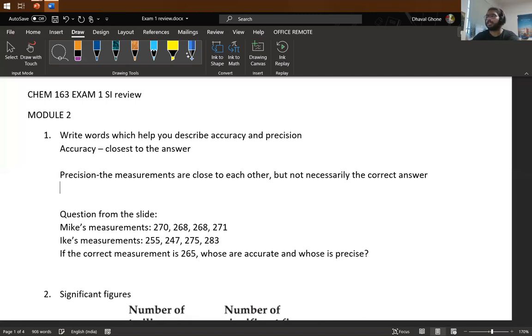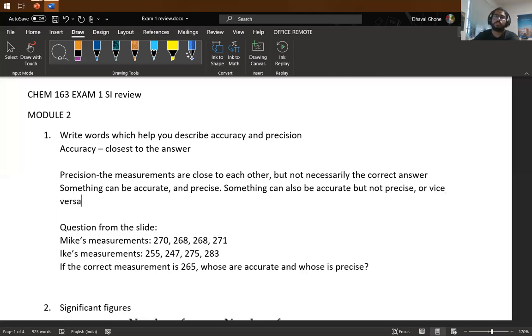And someone also said that something can be accurate and precise at the same time. So you can take multiple measurements which are very close to each other and around the right answer at the same time, making it accurate and precise. Something can also be accurate, but not precise, or vice versa.